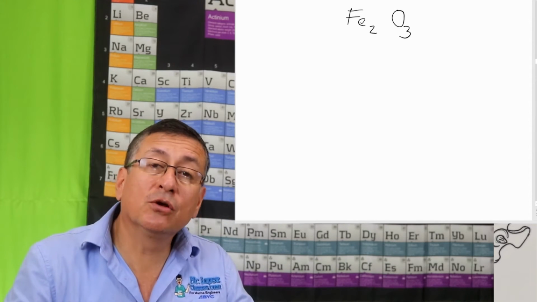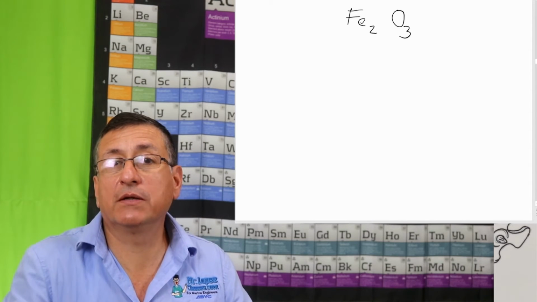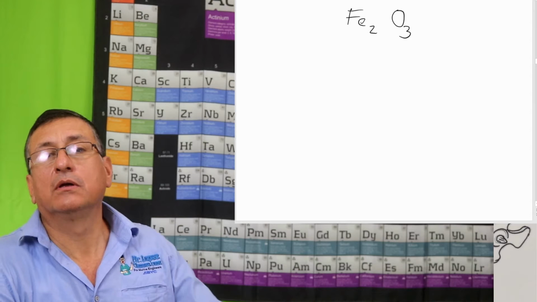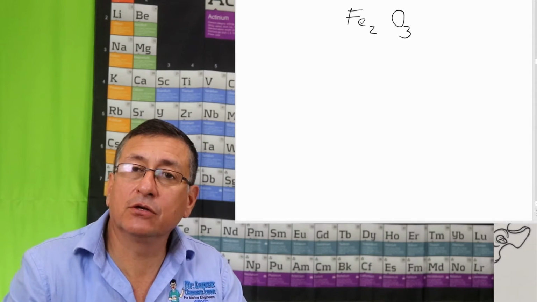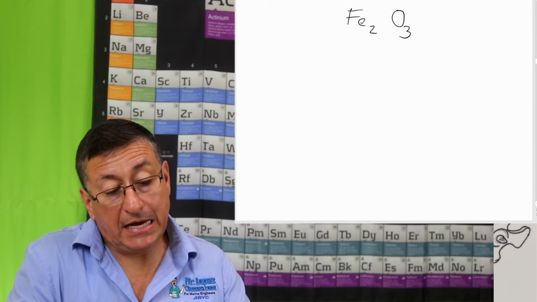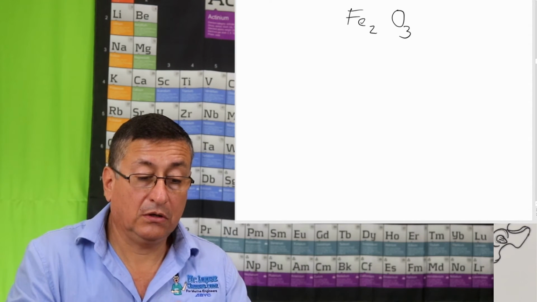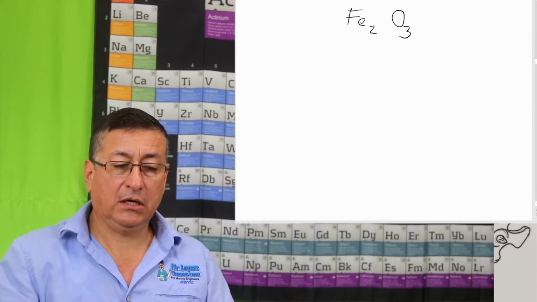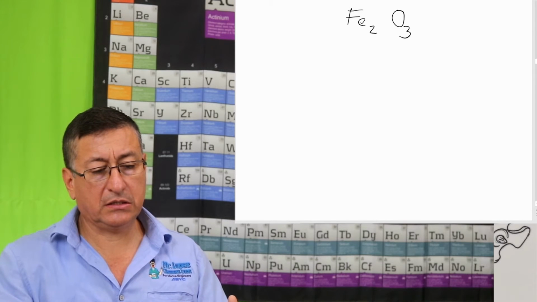You need 2 atoms of iron per 3 atoms of oxygen to create that molecule, the molecule of oxide of iron. That molecule is stable. Yeah, but it's a lot of combination, no? It's 2 irons per 3 oxygens.